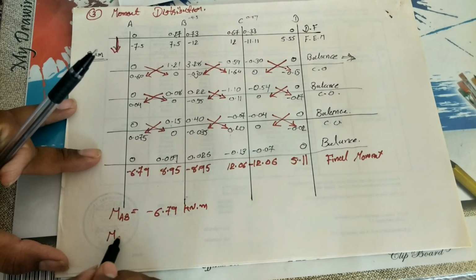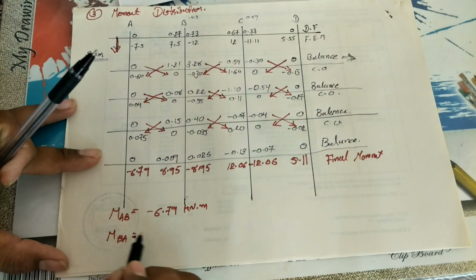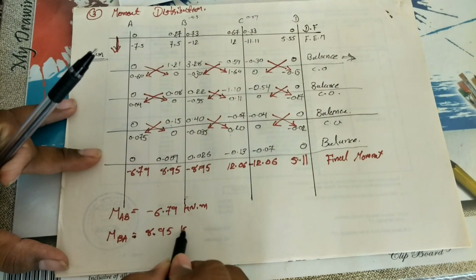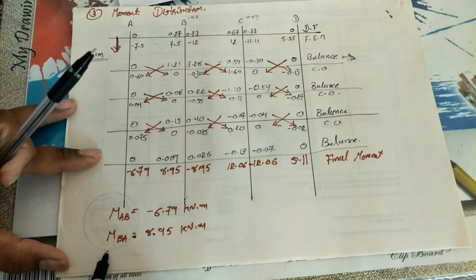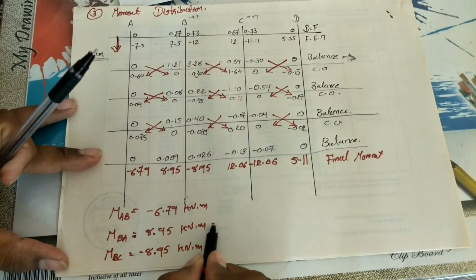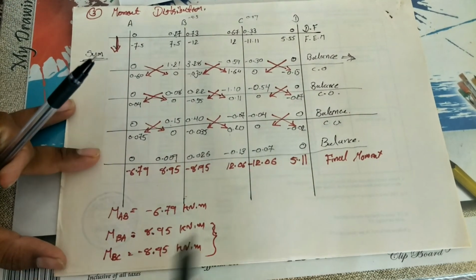My MBA is 8.95 kilonewton meter, and my MBC is minus 8.95 kilonewton meter. These two values are equal and opposite.